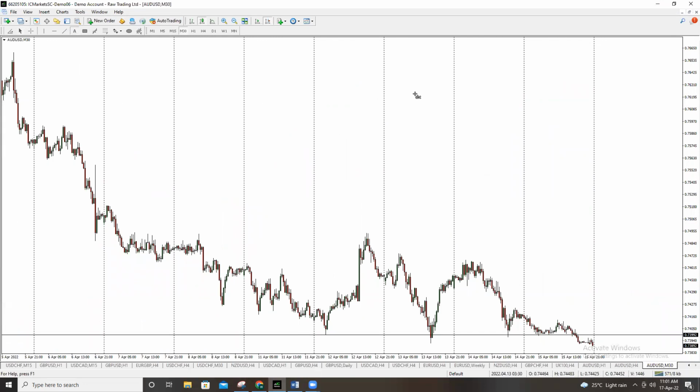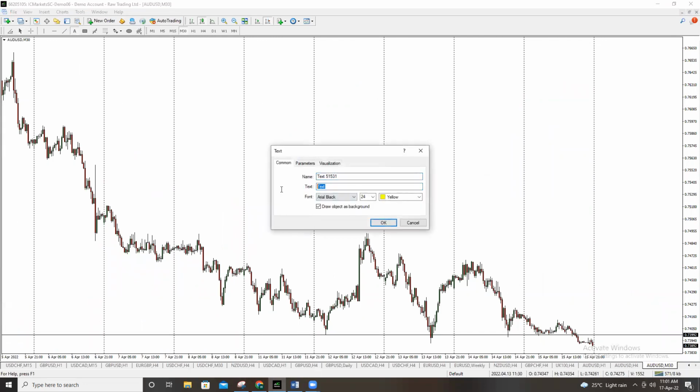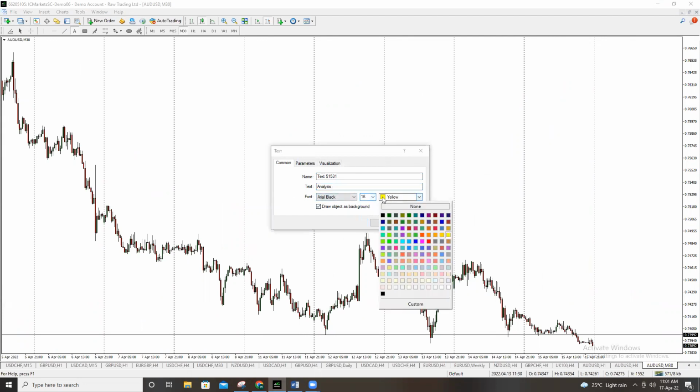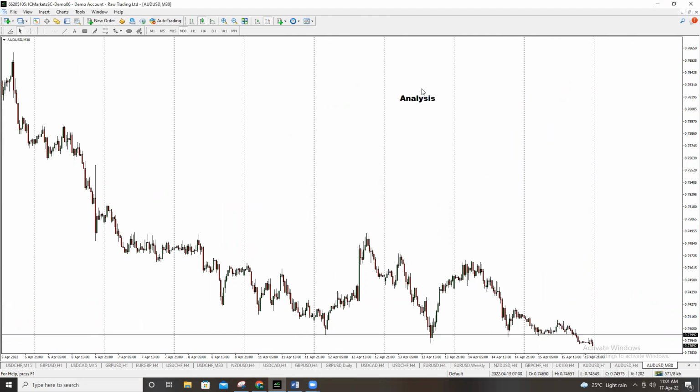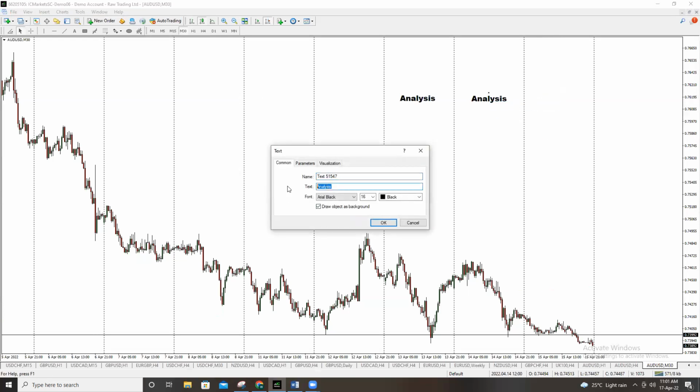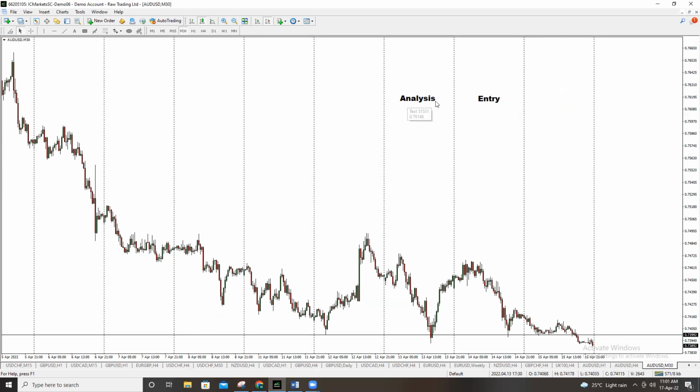So if you're going to use the daily for analysis, we have the analysis, and we have the entry. So we have the analysis time frame and the entry.